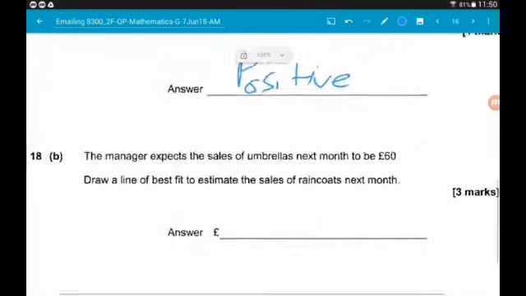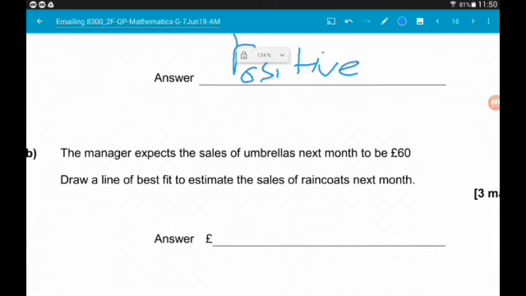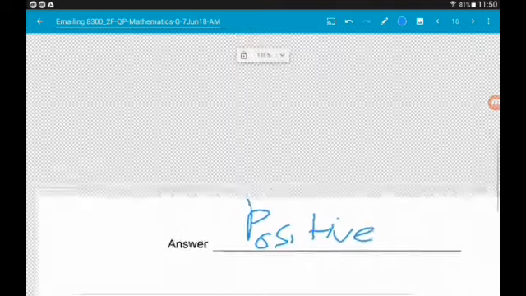Okay, and then for part B, the manager expects the sales of umbrellas next month to be £60. We want to use a line of best fit to estimate the sales of raincoats.